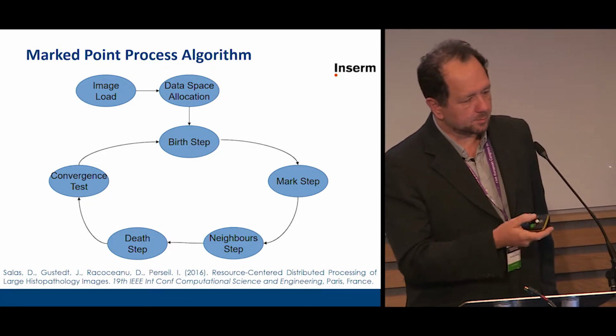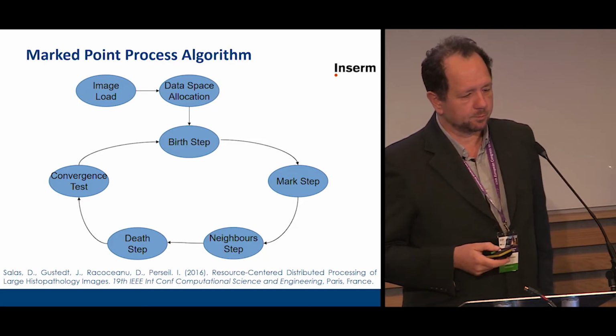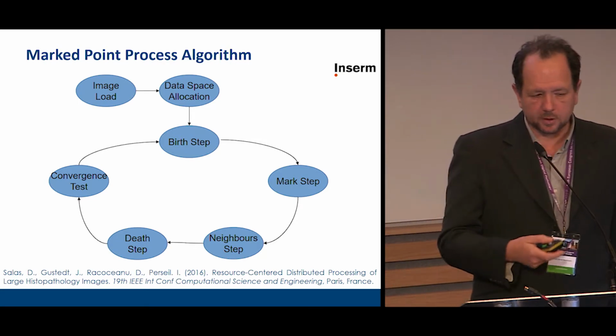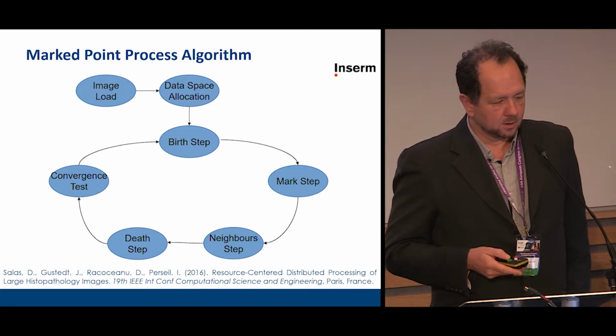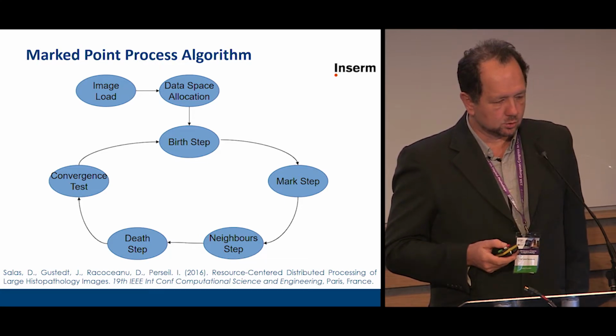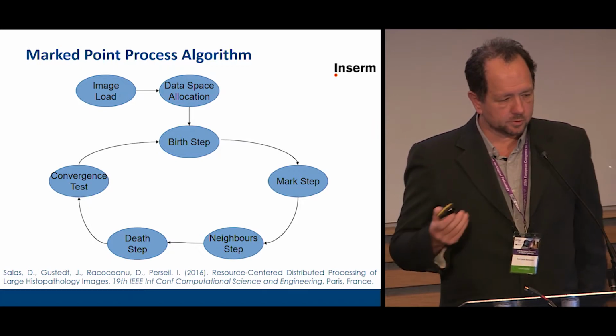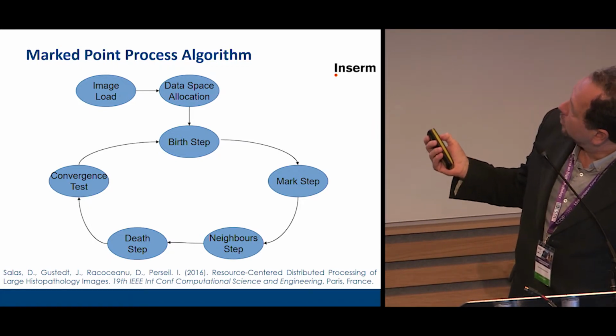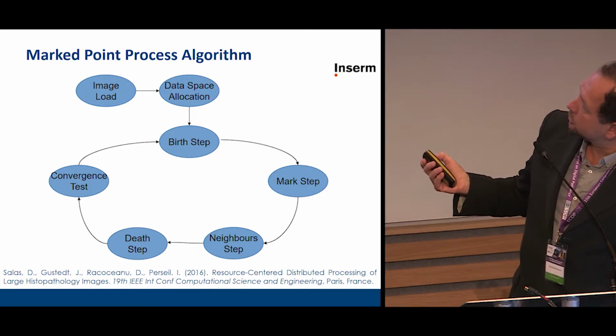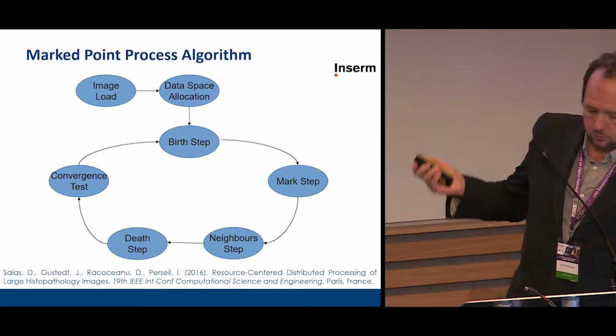And I would like to describe the process we tried to use for that purpose, which I did use for other purposes in the past, which is the marked point process. So the idea is to do a sort of recurrence in which we build shapes, we put them in the image, we try to evaluate them, and then we do it again.